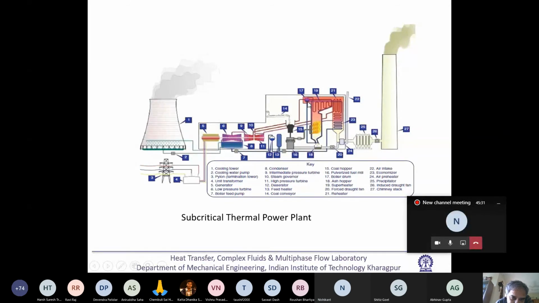So this is your steam drum. This is the riser within the water wall, and this is the downcomer, which comes through the cold zone, not through the heated zone. So liquid water is coming like this.